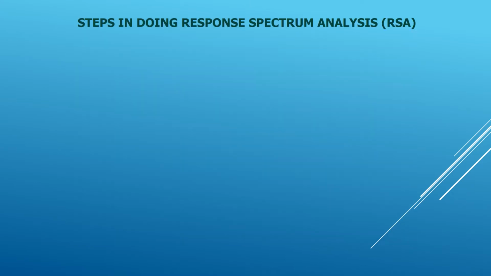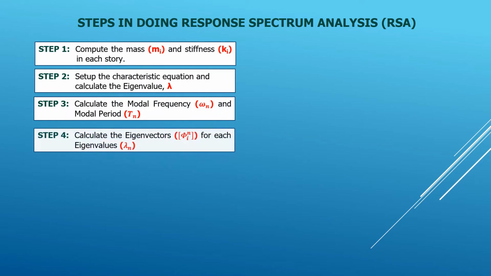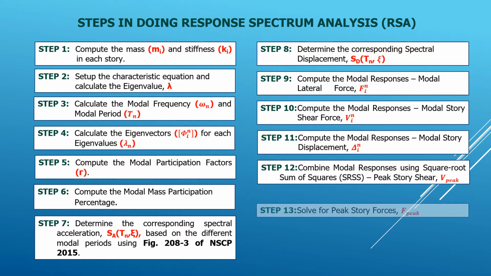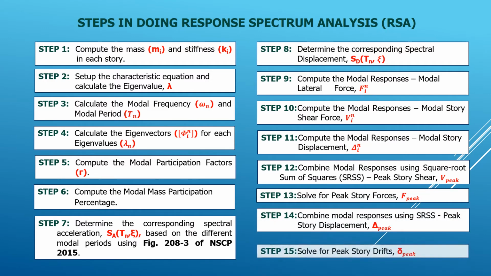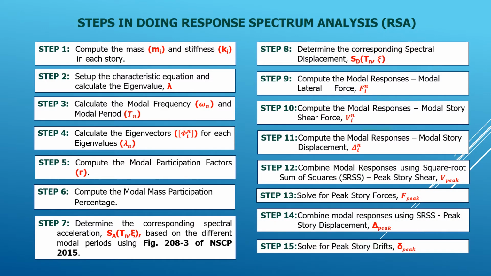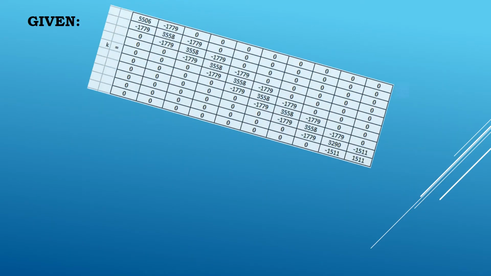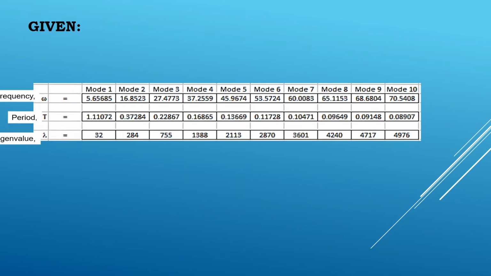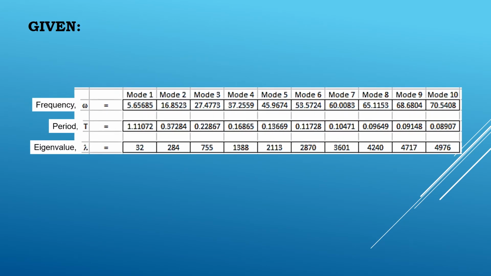So we have 15 steps in doing response spectrum analysis or RSA. The stiffness and mass are given, and the frequency, period, and eigenvalue are also given.